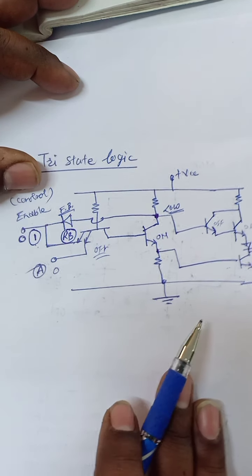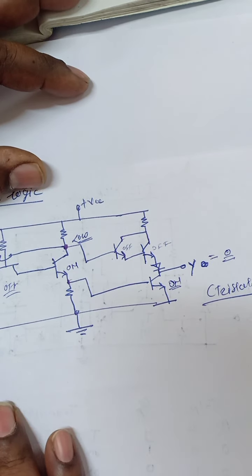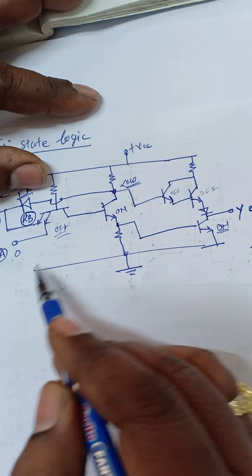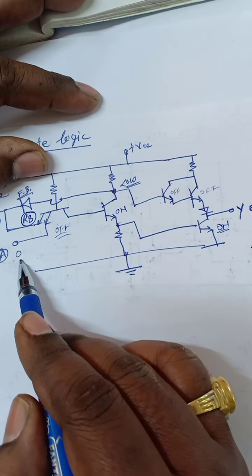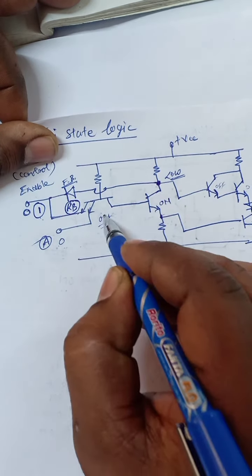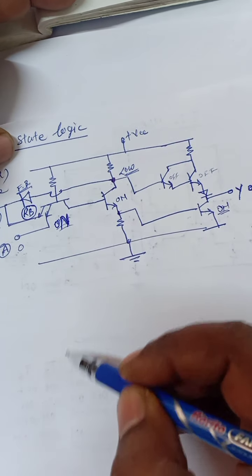So like that, because of this turn on state, you will get the 0. Sorry, if it is 0, it will turn on. Sorry, there is a little bit of a mistake. Okay, it will turn on.